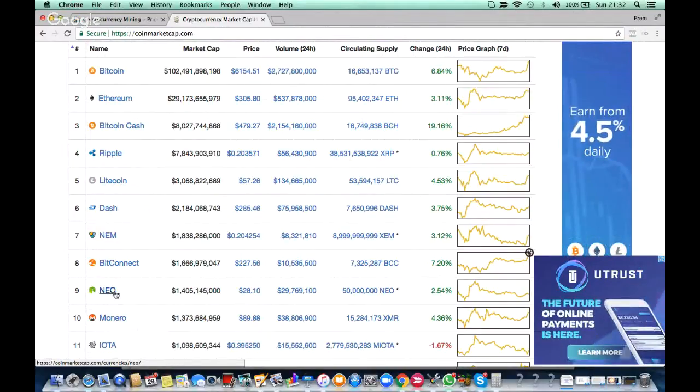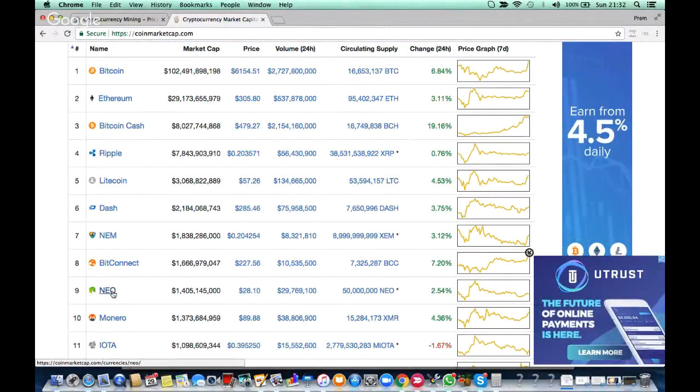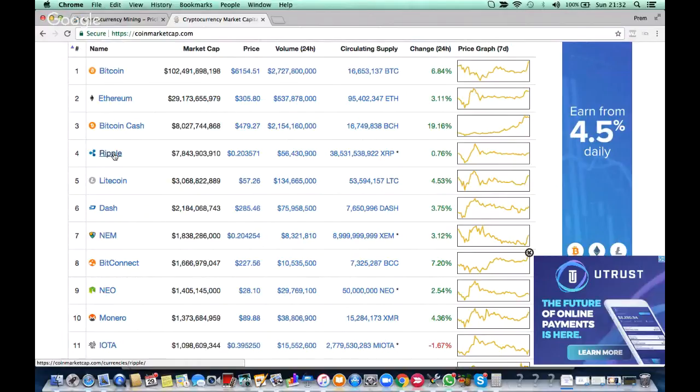It taps into the world's largest e-commerce website, which is Chinese, and the Chinese are going to drive this. So don't worry about us trying to push it up in price. The Chinese will. That's one of the reasons you want some exposure to Neo coin. Ripple is a bit of a traitor coin, but if you wanted to have a little bit of exposure, this is a coin put together by the banks.